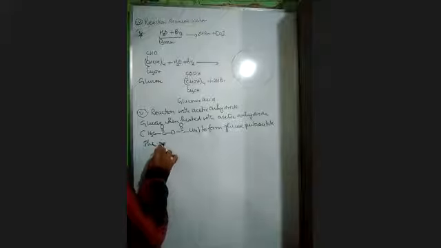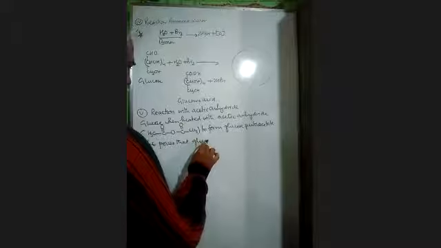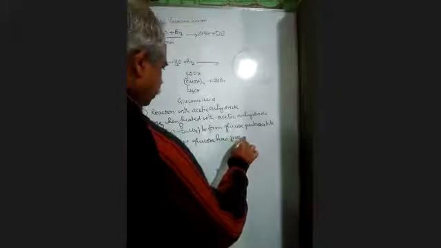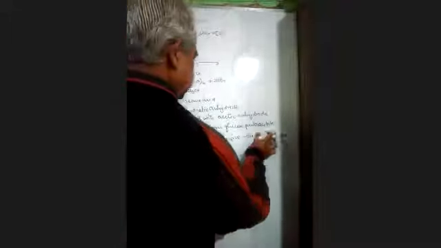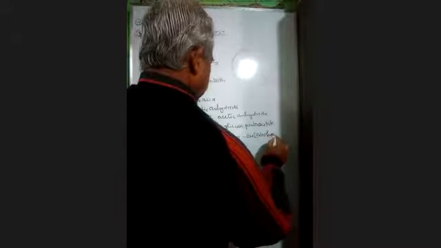This proves that glucose has 5 alcoholic groups. Okay.